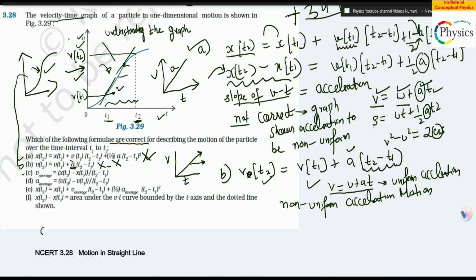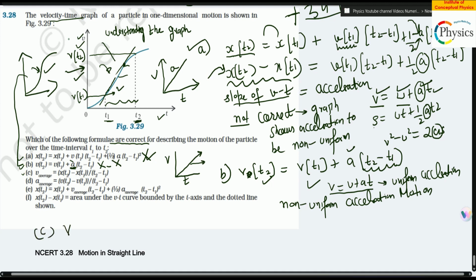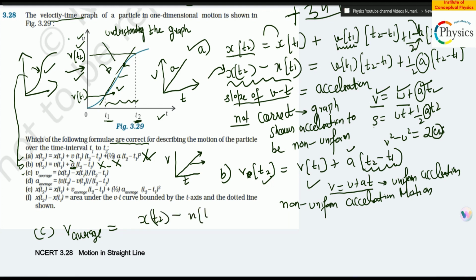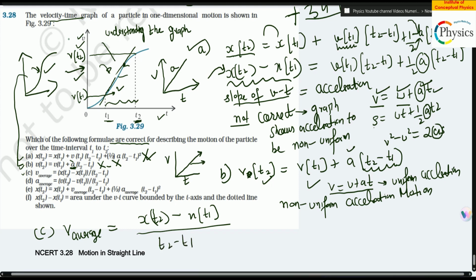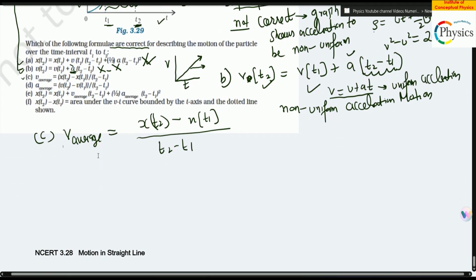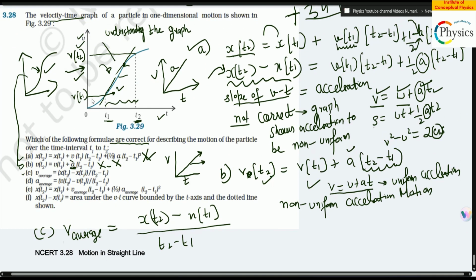Let's go to C. C is V average is equal to the final position minus the initial position divided by T2 minus T1. Now from this graph, it is impossible to understand what the position is because the graph is VT.